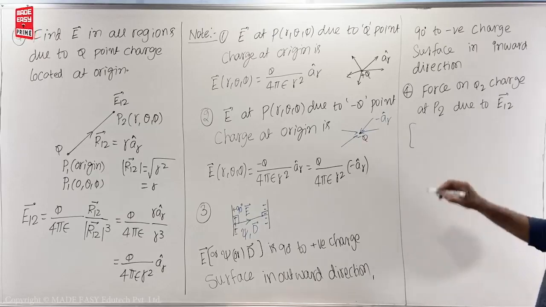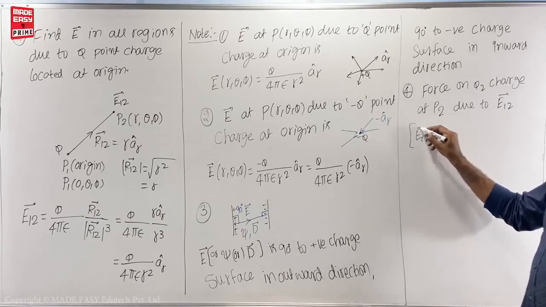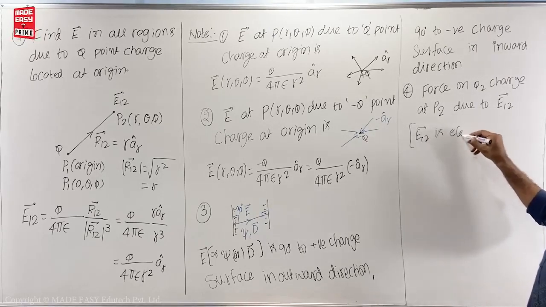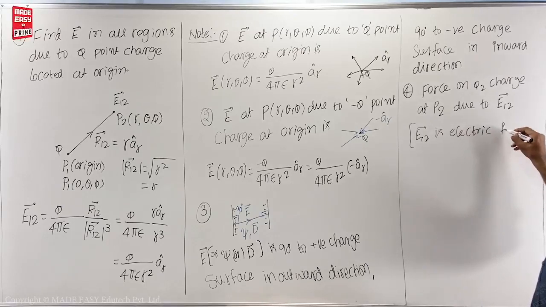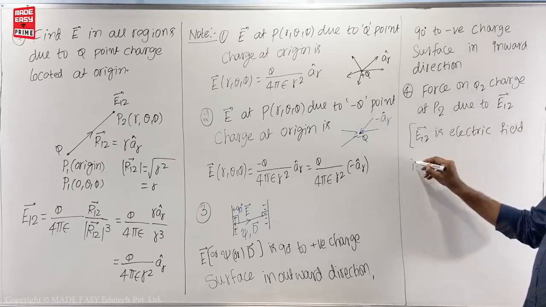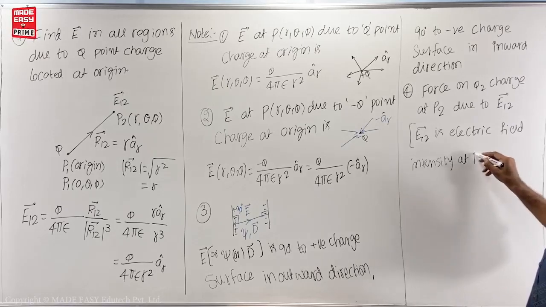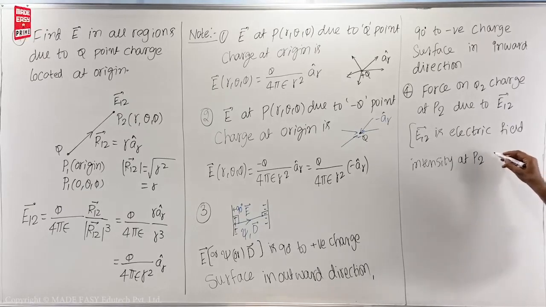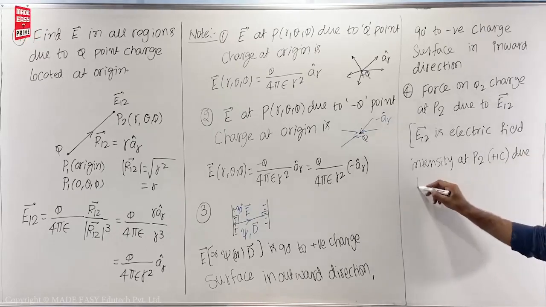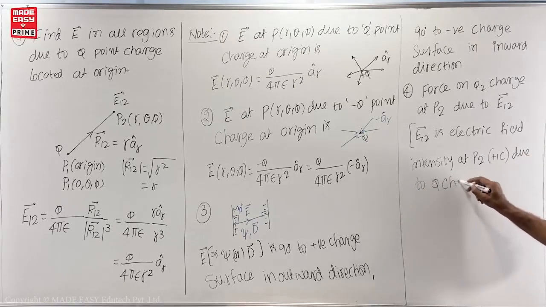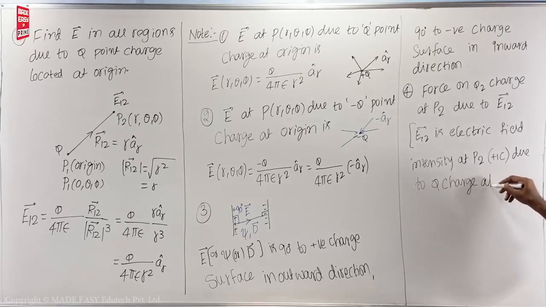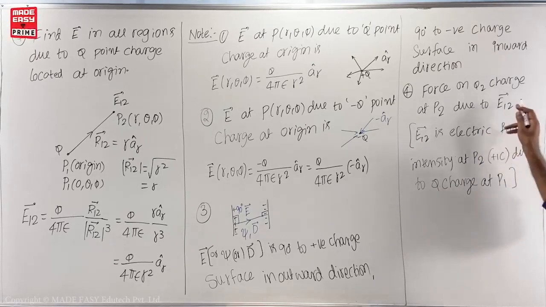What is E1 to bar? E1 to bar is electric field intensity at point 2 where plus 1 coulomb charge is there due to Q charge at point 1. That is the meaning of E1 to bar.